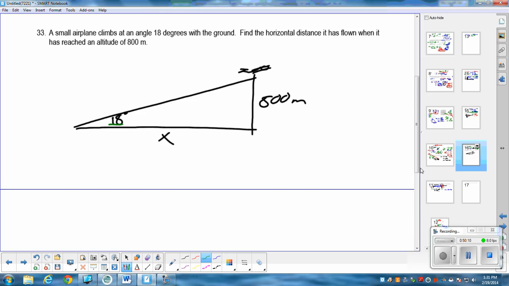From the 18-degree angle, we know the opposite. We would like to know the adjacent. We have another tangent problem. Tangent of 18 degrees equals 800 divided by what we would like to know. Cross multiply up the x, divide by the tangent of 18.